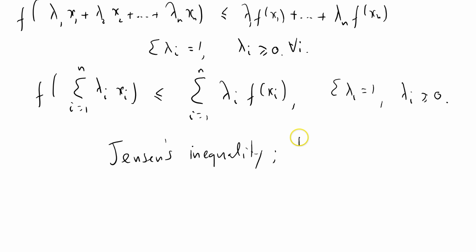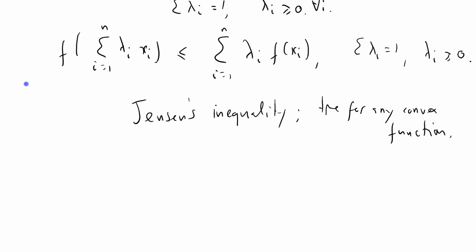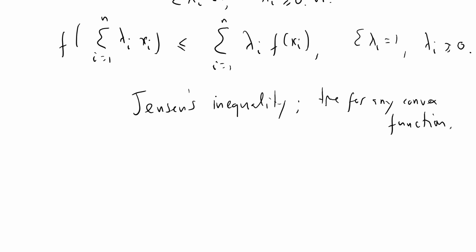And it's true for any convex function. The proof is exactly as you'd imagine, which is just stripping off the final one and using convexity of pairs. So it's a relatively straightforward inequality, but it's a very powerful one, and it's quite a nice way of thinking.